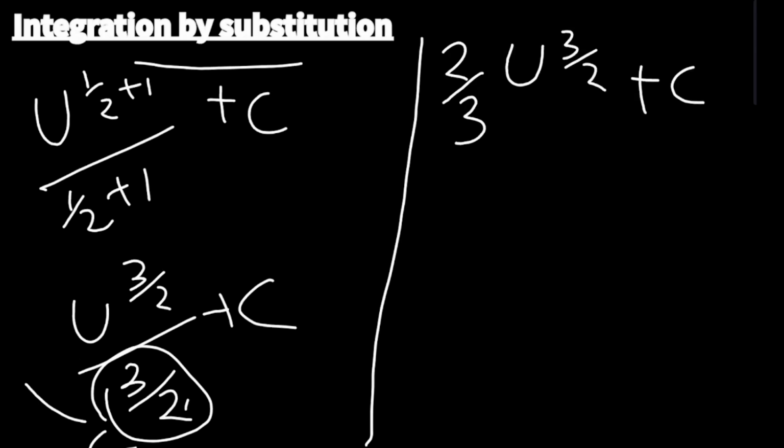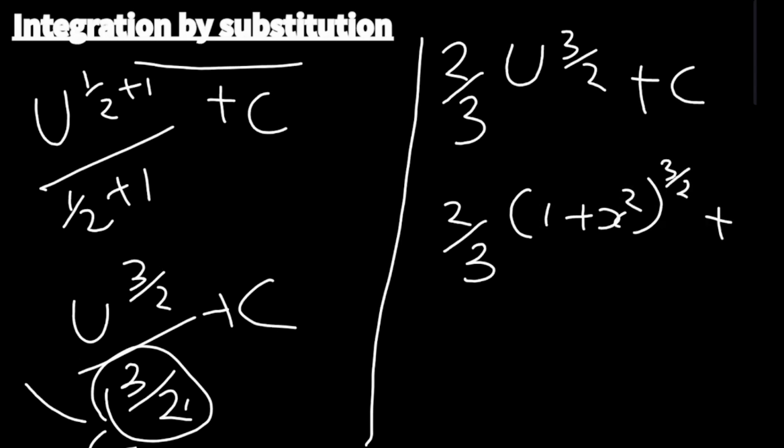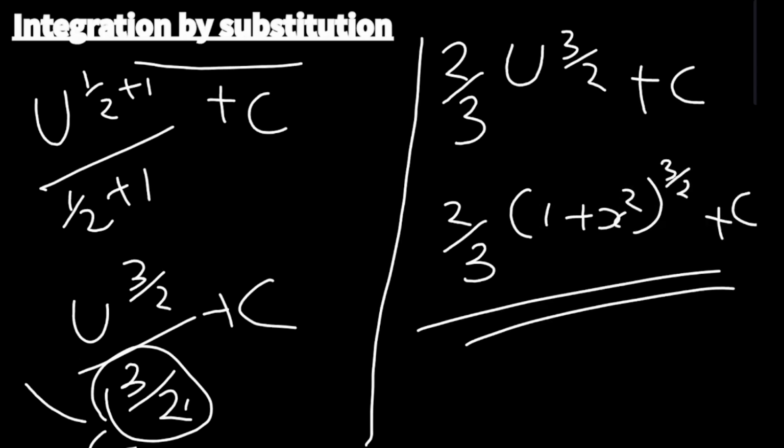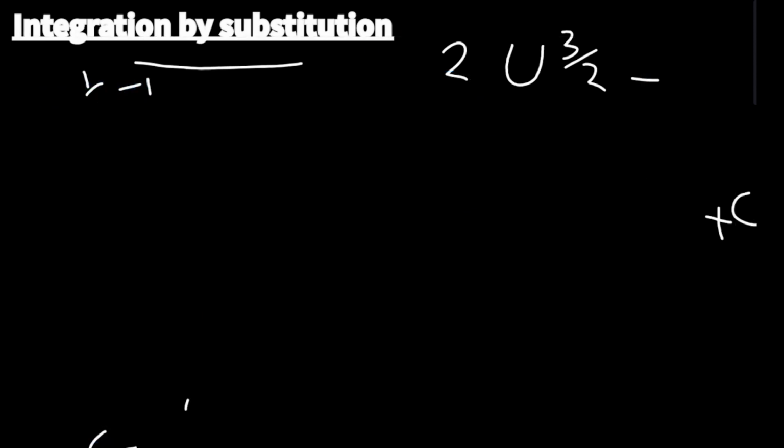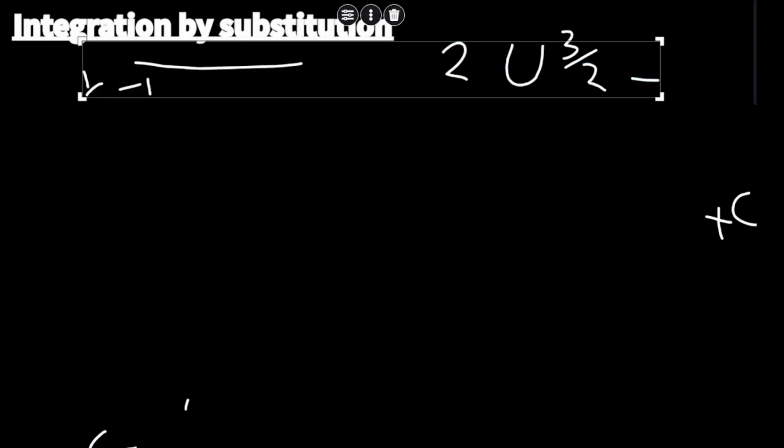But what was our u? Our u was 1 plus x squared, so our final answer will be 2 over 3 times 1 plus x squared raised to 3 over 2 plus c. So this is our final answer. We can look at another example. So let's erase everything out.